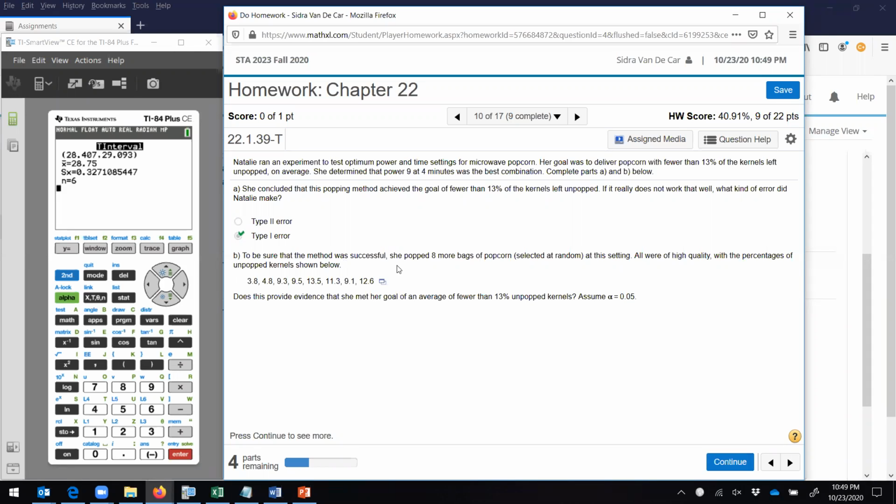To be sure that the method was successful, she popped 8 more bags of corn. All right, so we're testing these 8 bags.